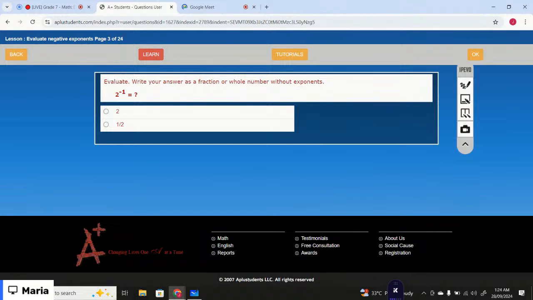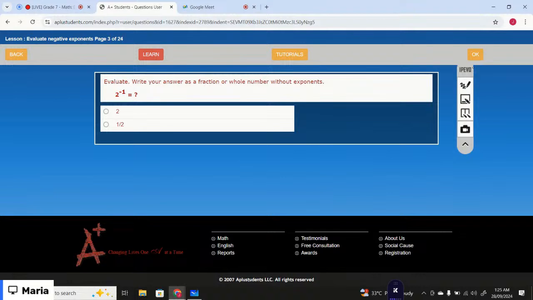The next one is 2 exponent negative 1. So which is the correct option? That is 1 over 2.